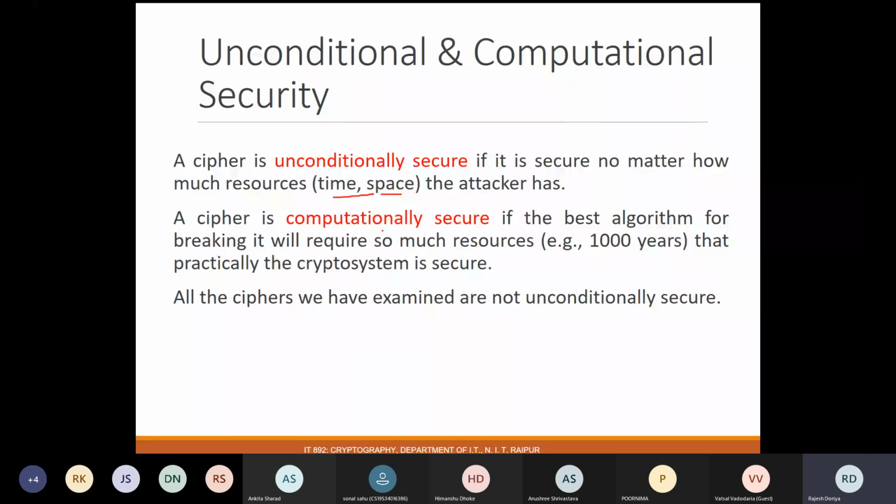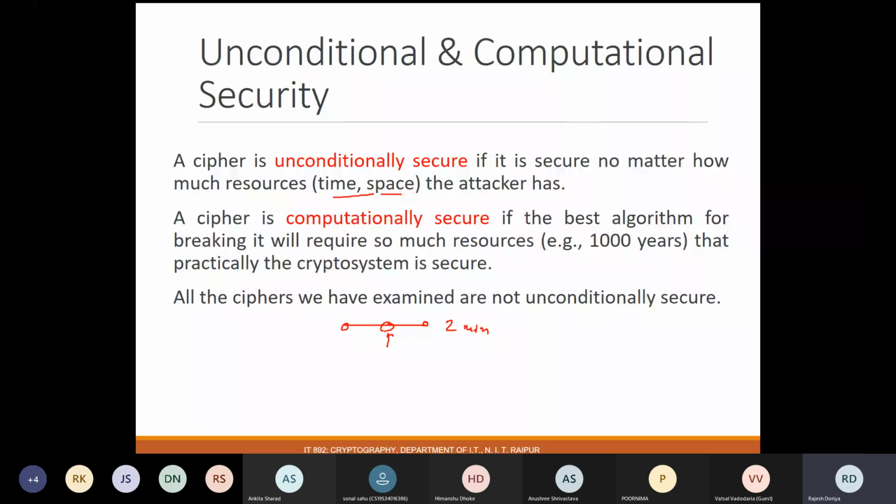For example, if you are trying to send a message from one place to another, or two friends are communicating, or you are trying to log in to some banking website and entering your password, and your session is of 2 minutes only. You just want to secure that session for 2 minutes, but the moment an attacker comes into the picture and intercepts your communication, the algorithm you used was computationally secure.